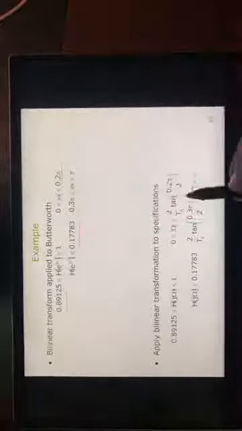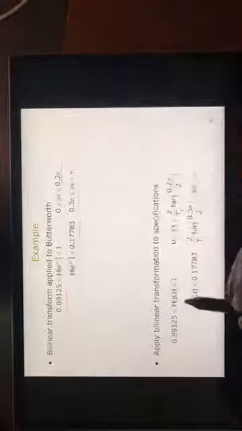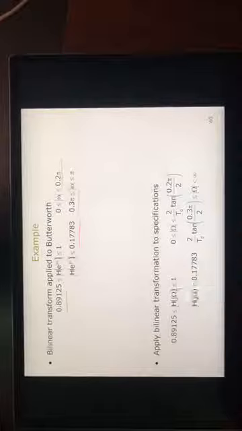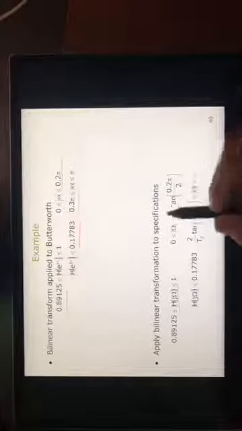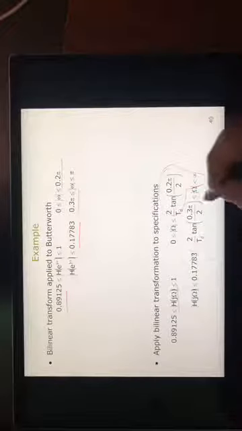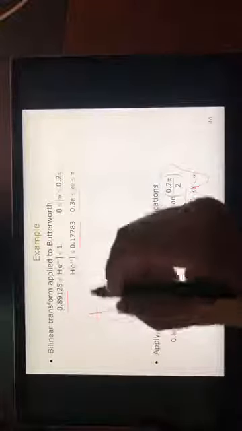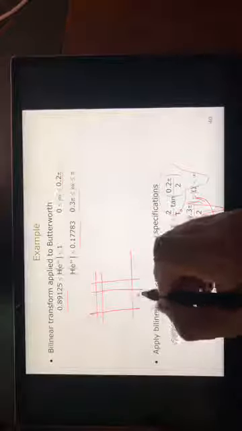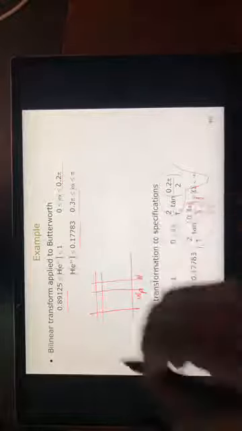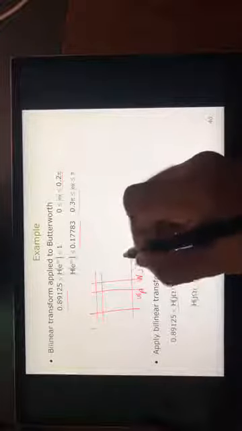So first you are given the specs, given value of this and given value of this. So you convert these small omega into Hj omega specs, and the frequencies will change. Now this is the frequency and this is the frequencies. Okay, I've shown you earlier that. So you have the specs, small omega p, small omega s, and this is pi.